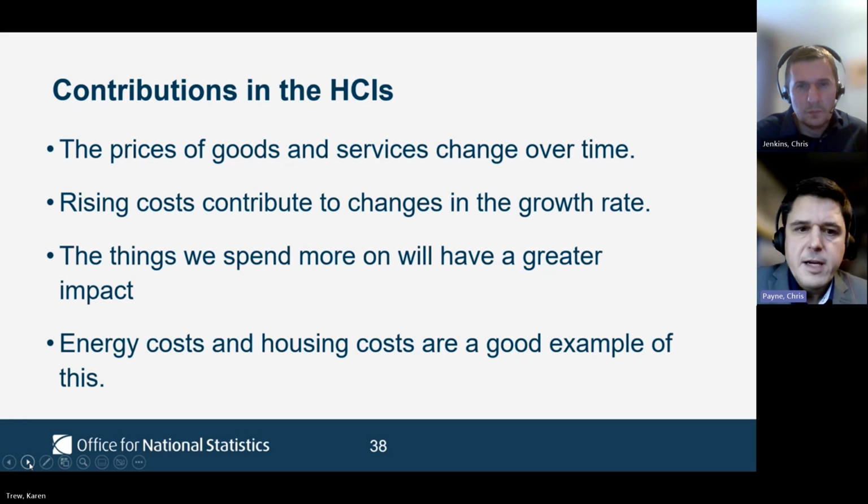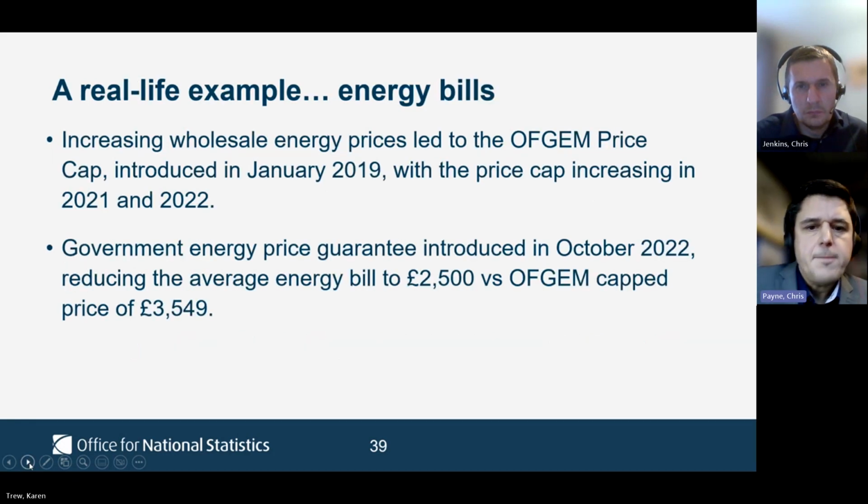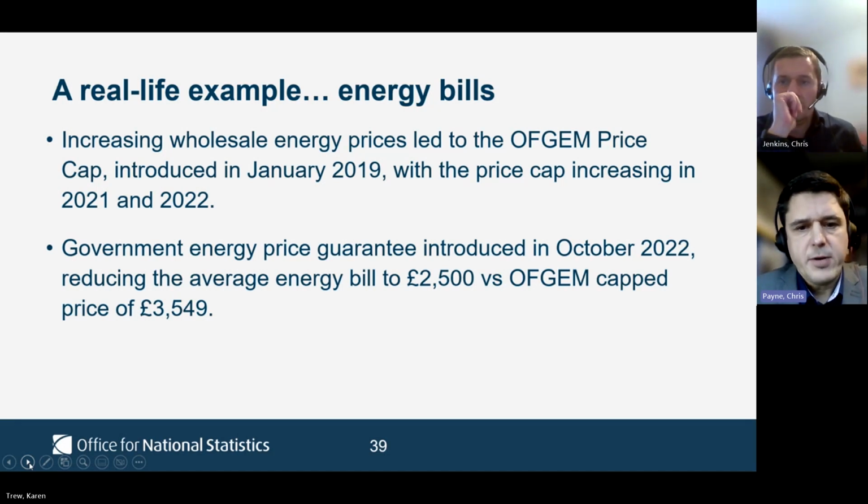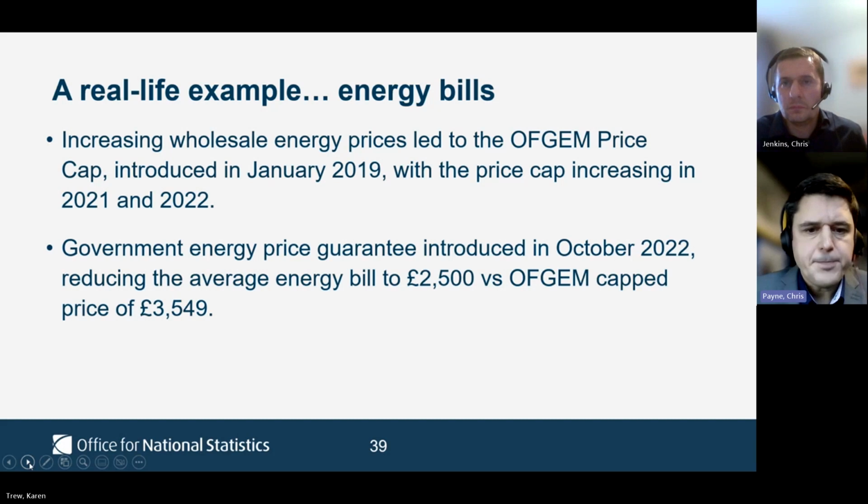If we could have the next slide, please. Thank you. So just by way of a recap on that, the Ofgem price cap was introduced back in January 2019 as a way of trying to control how much energy prices can rise. And over the last couple of years, since 2021, we've seen some quite large increases in the price cap for various reasons.